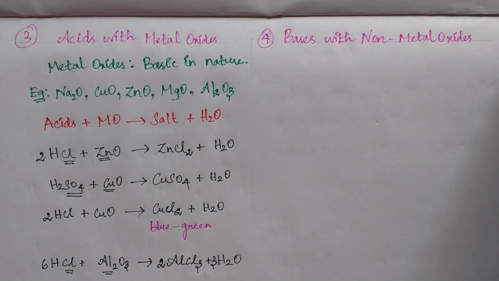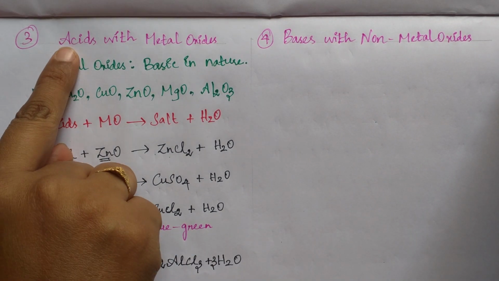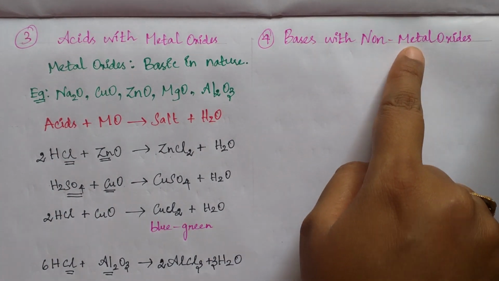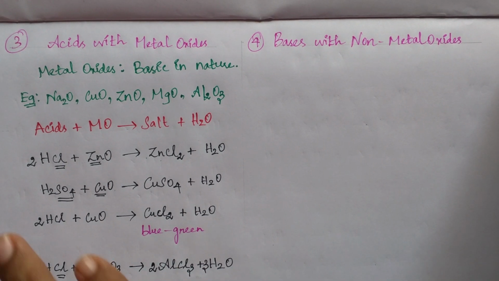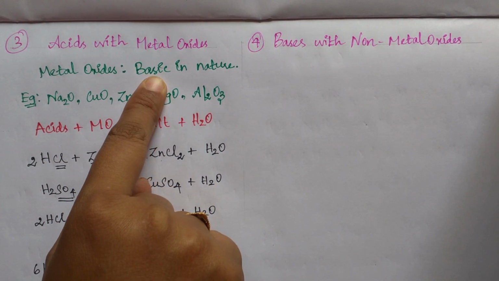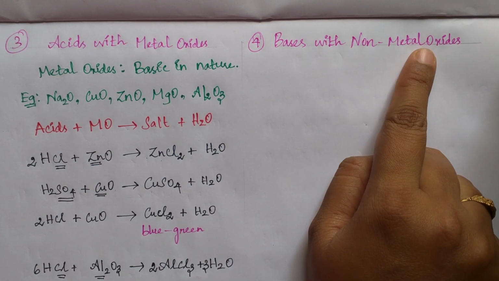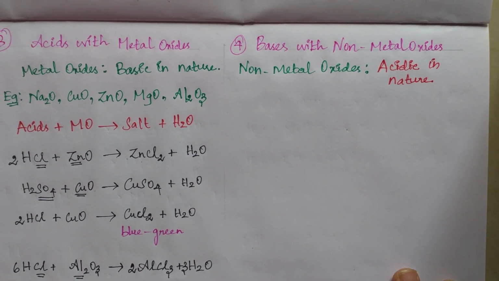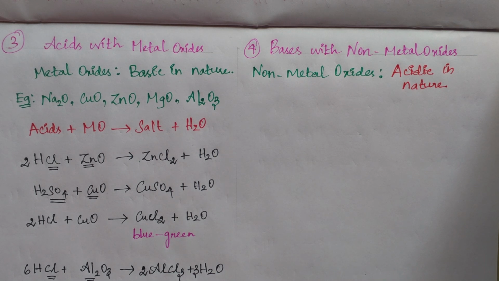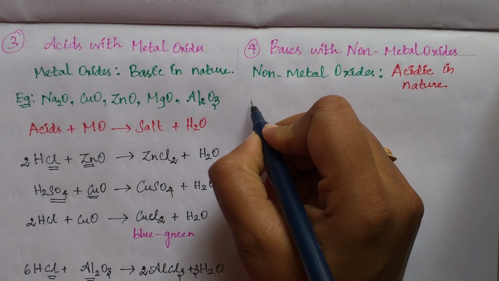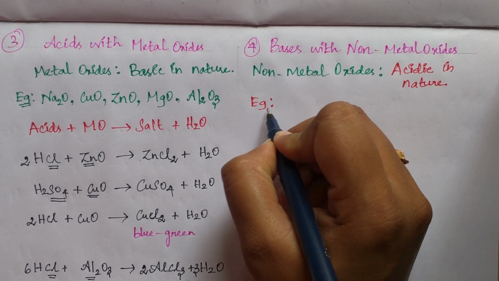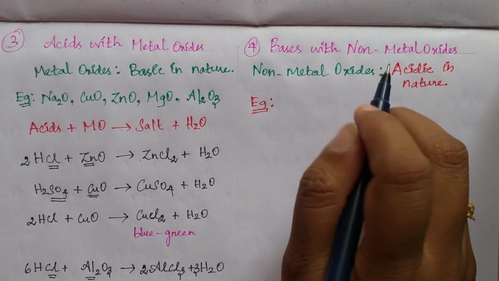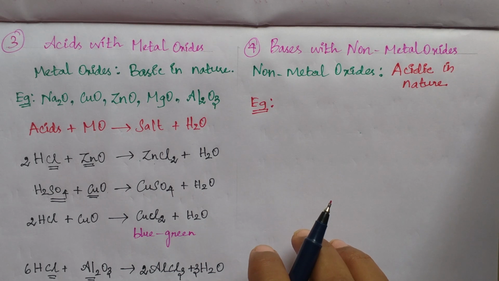Bases react with non-metal oxide in the opposite manner. Acid and metal oxide, base and non-metal oxide. Okay, this is opposite. Metal oxides are basic in nature, whereas non-metal oxides are opposite, acidic in nature. Please note this. Usually non-metals are carbon, sulfur, nitrogen, and we can say oxygen.